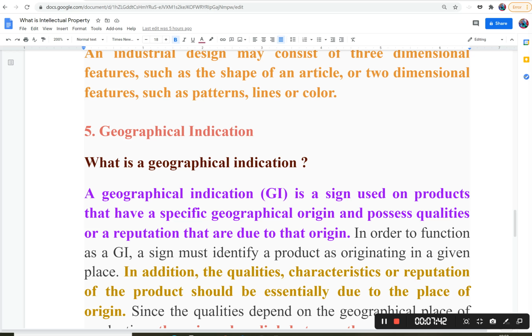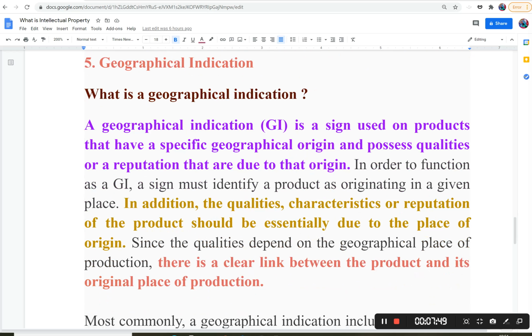The qualities, characteristics or reputation of the product should be essentially due to the place of origin, so there is a clear link between the product and its original place of production.